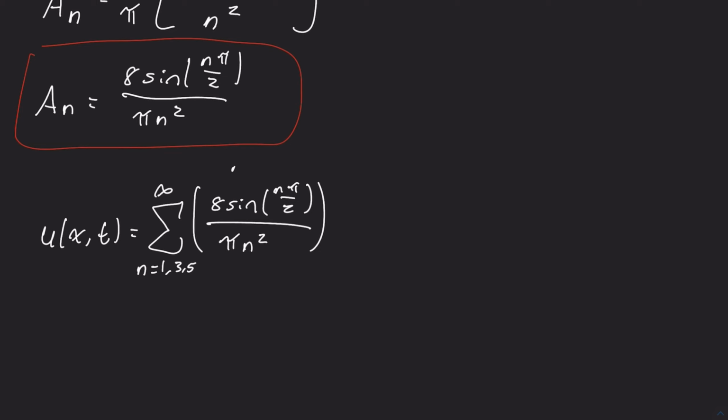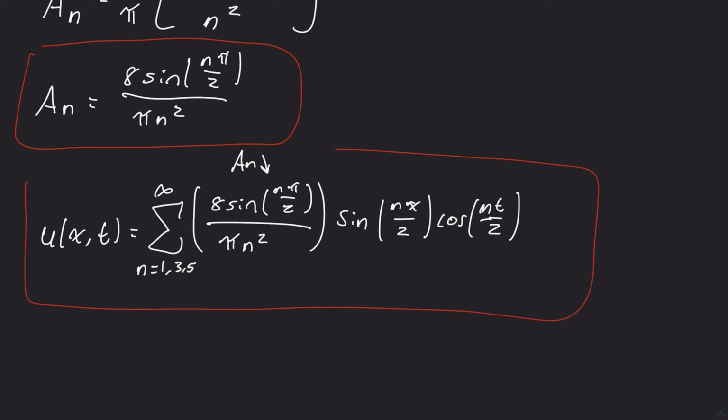And this is our a sub n term, and this is multiplied by sine of nx over 2 times cosine of nt over 2. And this is our solution for u of x of t.